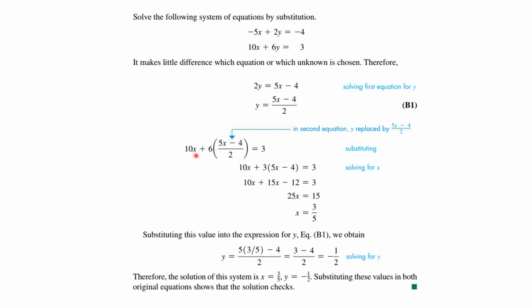So I will have 10x plus 6, this is where the y goes, is equal to 3. I do some simplification and solving. I find out that x is 3 over 5. Now I will take this 3 over 5 and substitute back into this equation, and it will tell me what y is. When I substitute that in, I get y is minus 1/2. So it is 3 over 5 and minus 1/2.